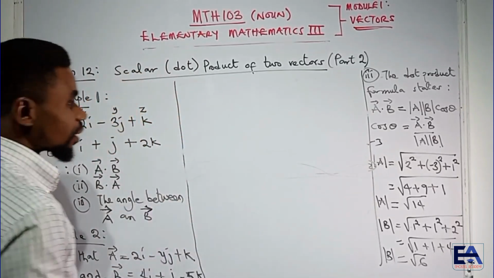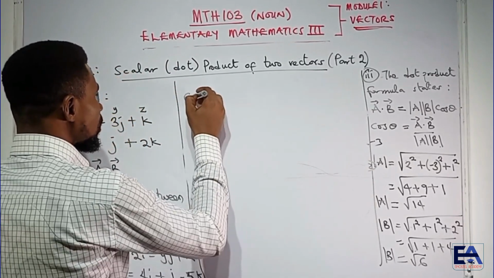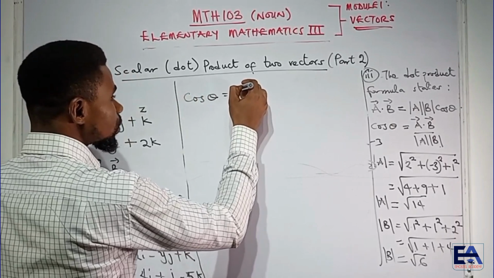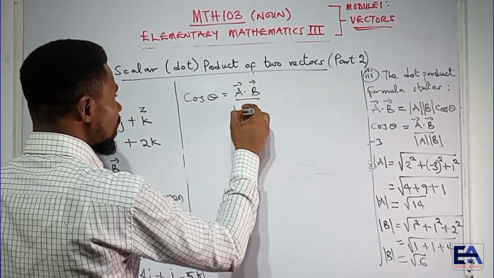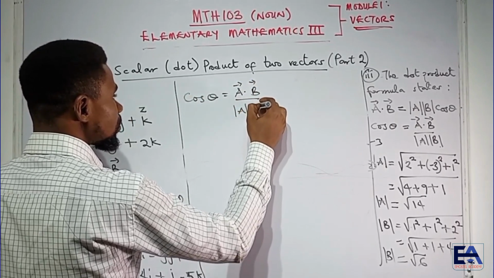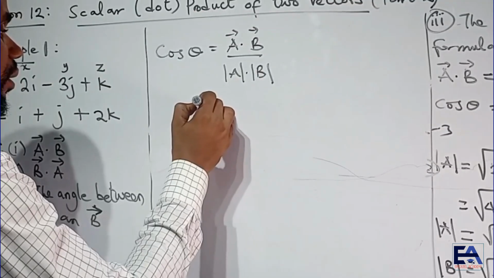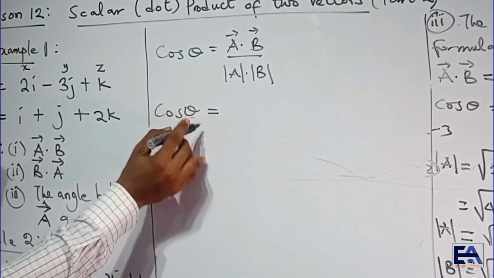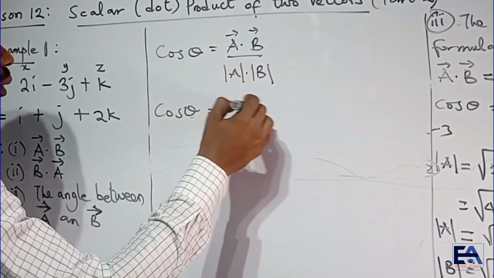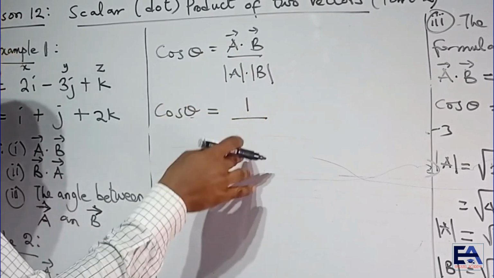All right, so let's find the angle between A and B. So we say cos theta is equal to what? A dot B over magnitude A times magnitude B. Which means cos theta, the angle we are looking for, is equal to A dot B, which we earlier got as 1.